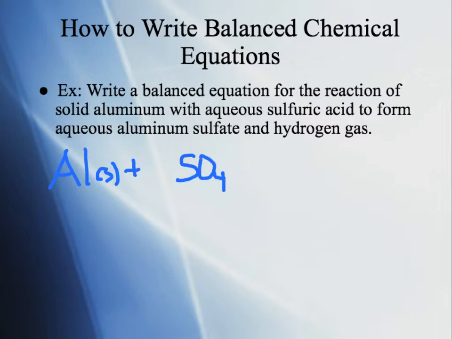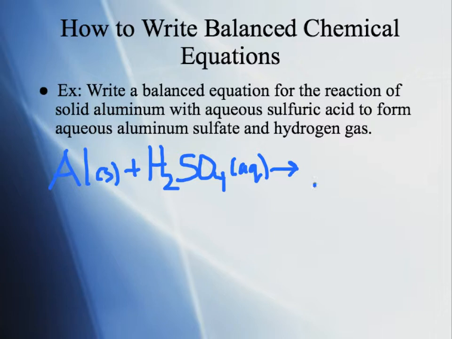It has a -2 charge. So how many hydrogens do we need to balance out a -2 charge? That would be 2 hydrogens. So it's H2SO4, and that's aqueous, so we'll put the aq.